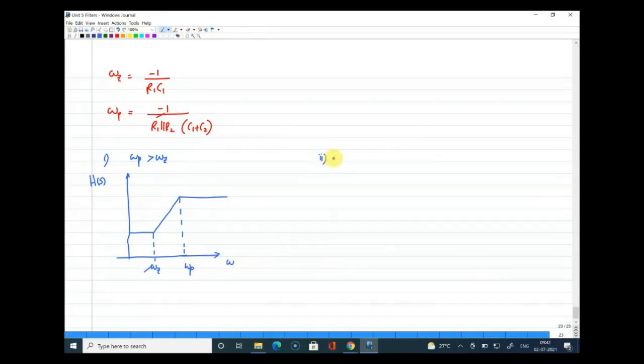Now the second case is it could be omega p less than omega z also. Possibility is there, and that means you will actually start something like this, and whenever you encounter your pole frequency, it will start dropping, and when you encounter the zero frequency, you will get back to the zero slope state, right? So what you have here is a high pass filter, and what you have here is a low pass filter.